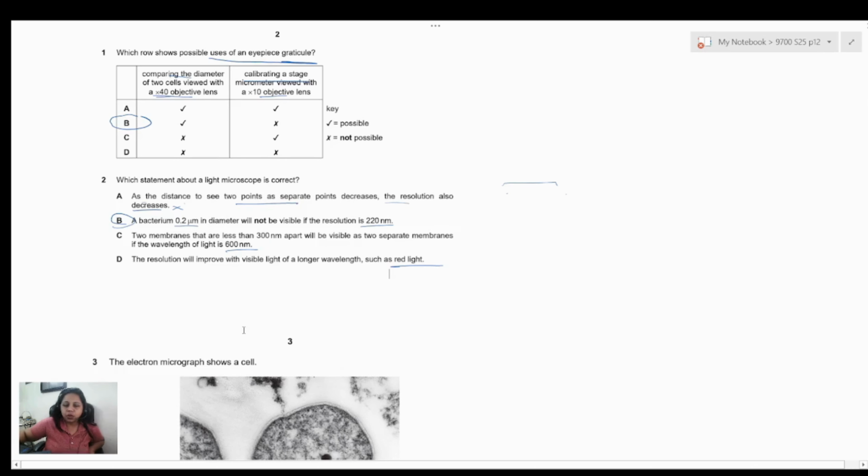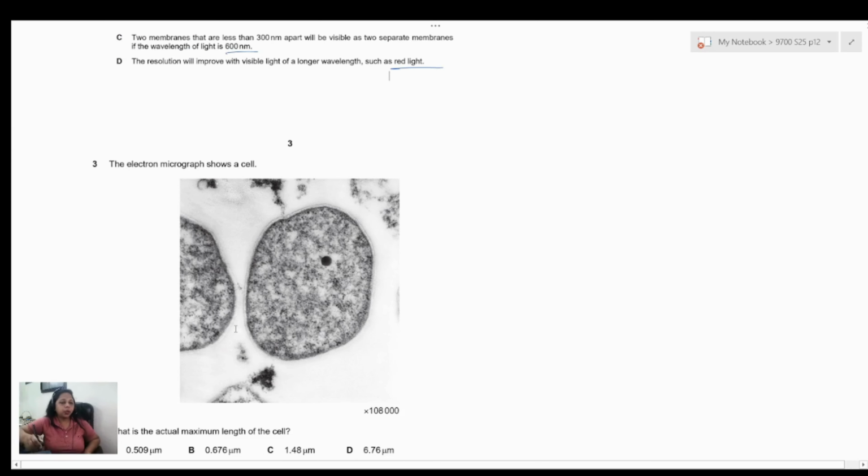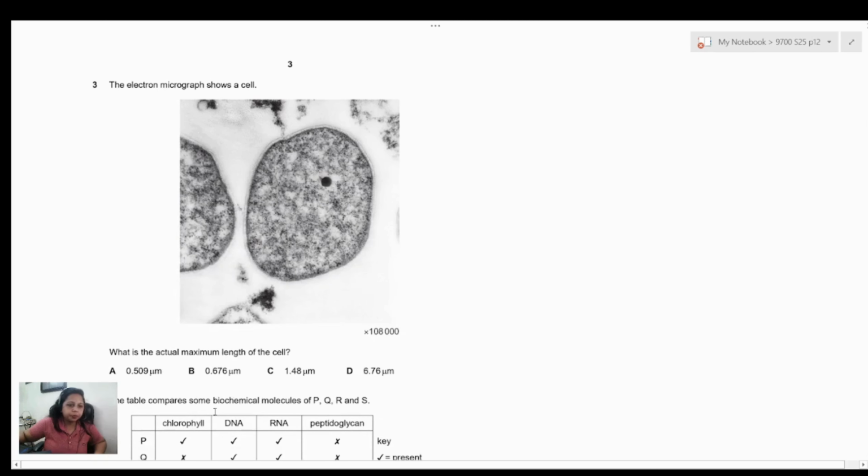The next question says the electron micrograph shows a cell. What is the actual maximum length of the cell? You must have your paper with you. I'm not telling you the correct answer, I'm just telling you the formula to calculate the actual length.